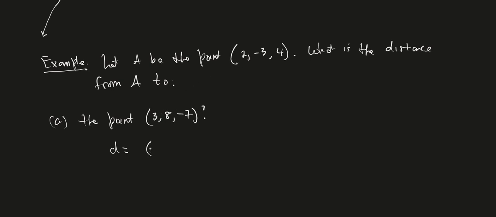So I'm going to take 2 - 3 squared, and then negative 3 minus 8 squared, and then I'm also going to take 4 minus negative 7 squared, add those all together, and take the square root, right?